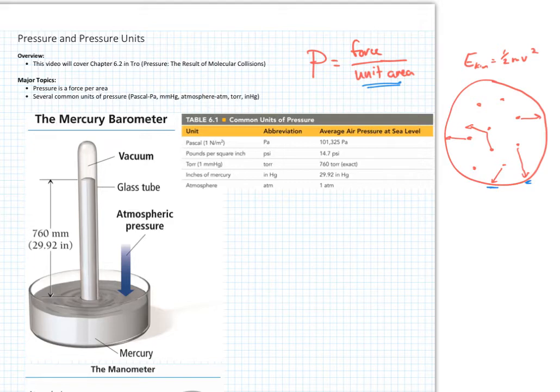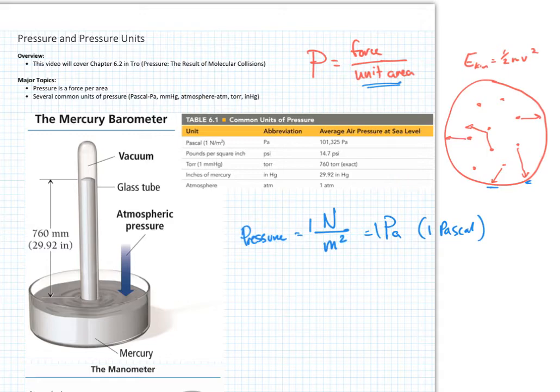So the SI units would be newtons for force, and meters squared for area. Pressure would be measured in 1 newton per meter squared, which is also given the symbol Pa, 1 Pa, which stands for 1 pascal, named for Blaise Pascal.